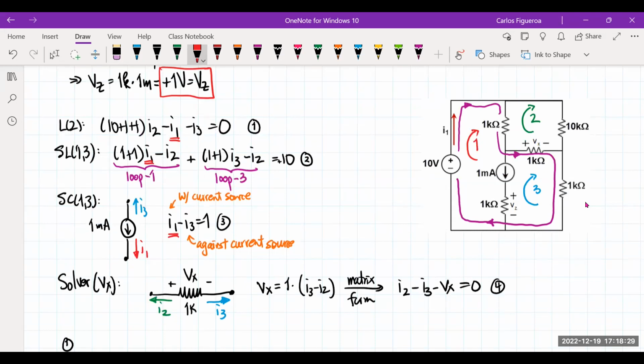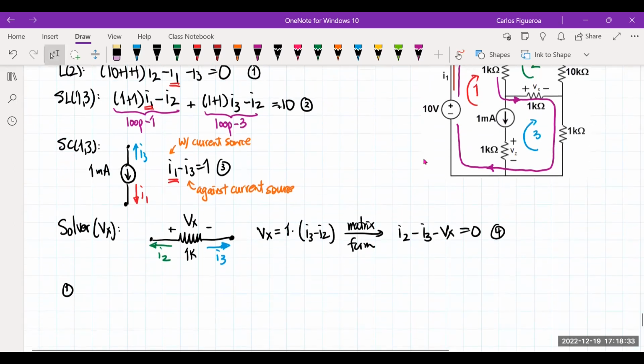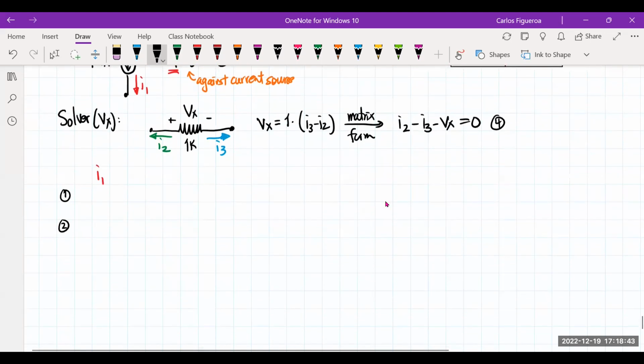This is equation 1, this is equation 2, this is equation 3, and finally equation 4.